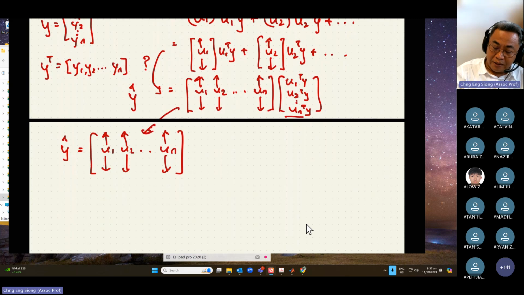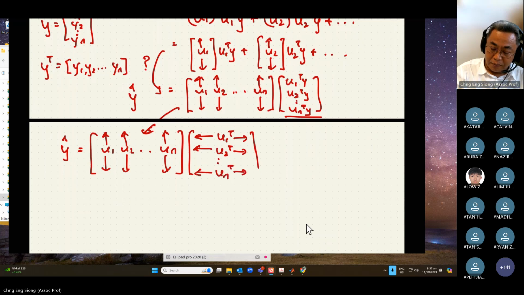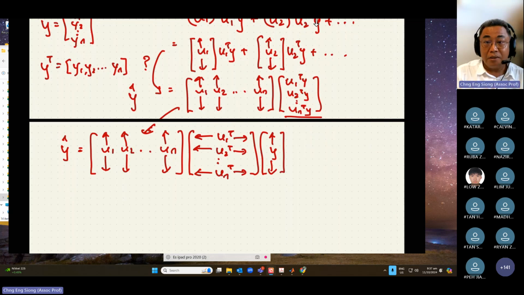Now I'm going to expand this. U1 transpose, U2 transpose, UN transpose. What's this, guys? Y. Yeah. So from here, I'm just expanding this, right?